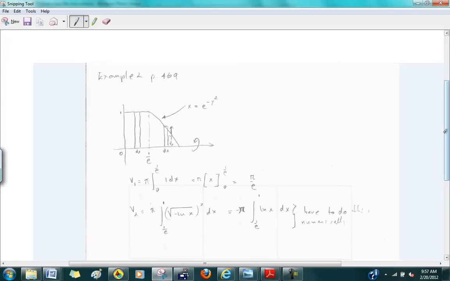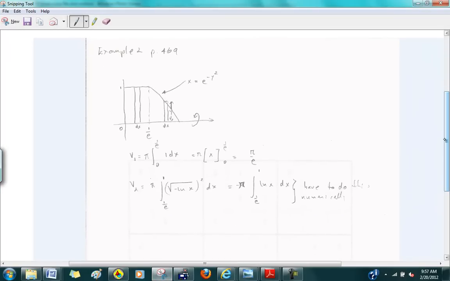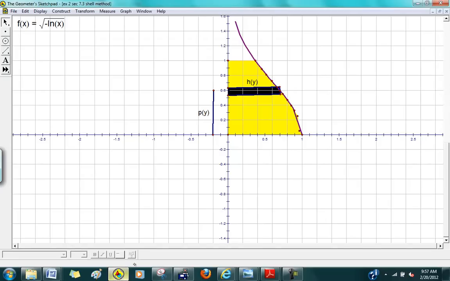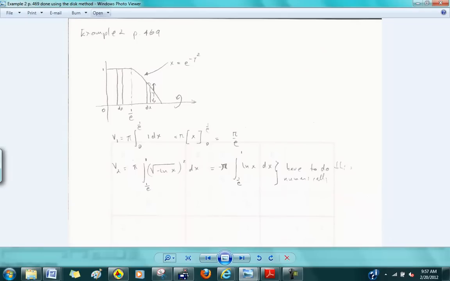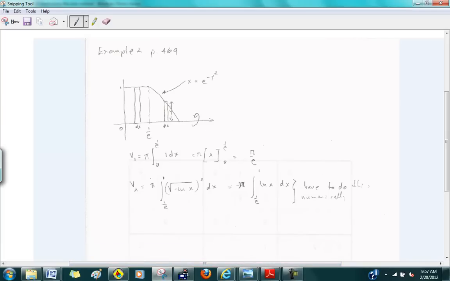I hope you can kind of read this. The graph that we have, like I showed you earlier, is this yellow region here. Let me snip. Okay, I got that.